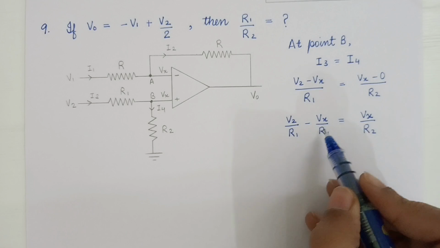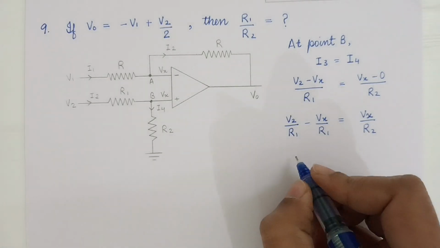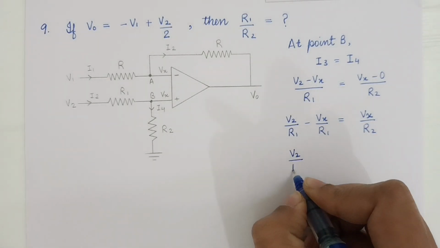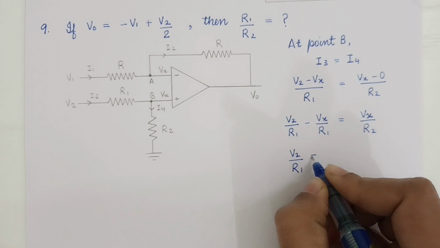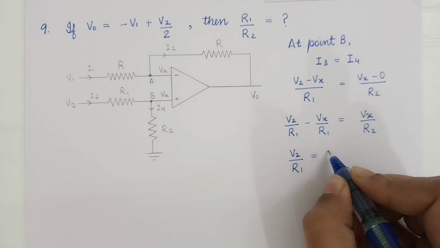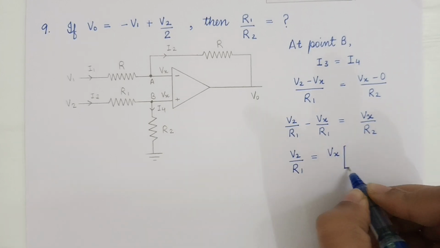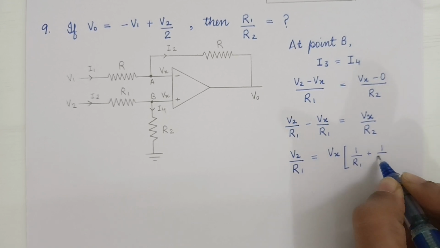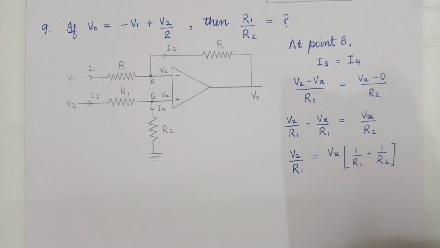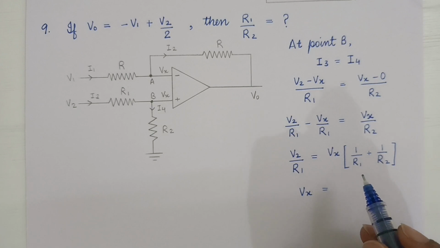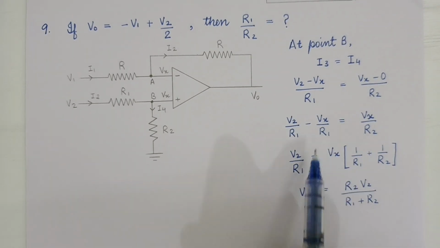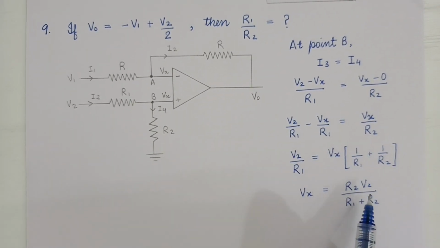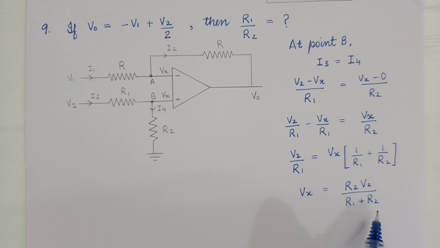Now let's take this Vx term to the right hand side. We get V2 upon R1 is equal to, let us take Vx common, Vx times (1 by R1 plus 1 upon R2). And now taking it to the left hand side, by solving this we will get the value Vx equals R2 times V2 divided by R1 plus R2.